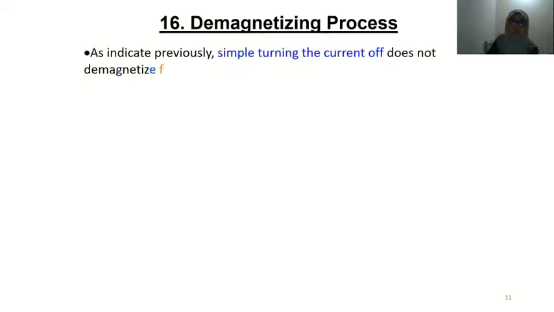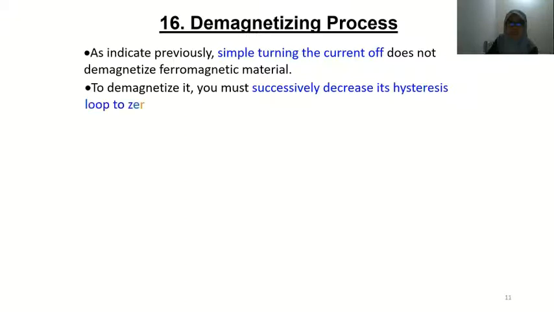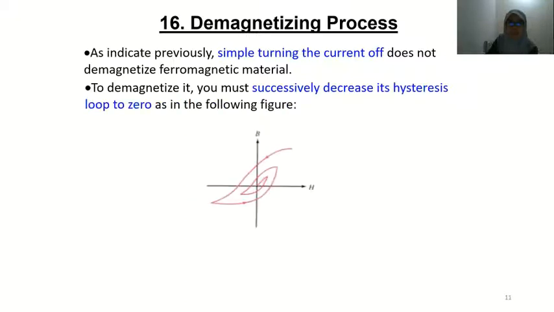So about the demagnetizing process. As indicated previously, simply turning the current off does not demagnetize ferromagnetic materials. To demagnetize it, you must successively decrease its hysteresis loop to 0, as in the following figure.